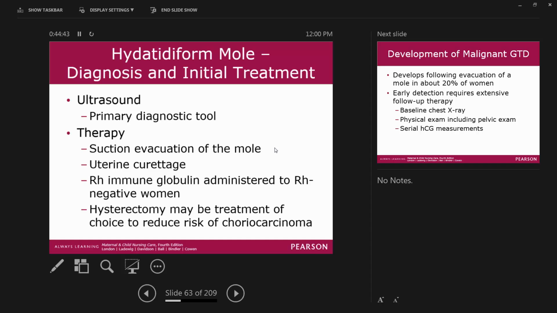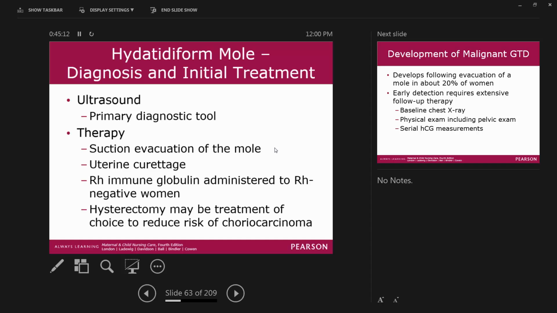All right. So ultrasound is your diagnostic tool, and then to be 100% sure what you've got going on, we need to do some sort of D and C to remove those products. What is D and C? Dilation and curettage. Not to be confused with DIC.